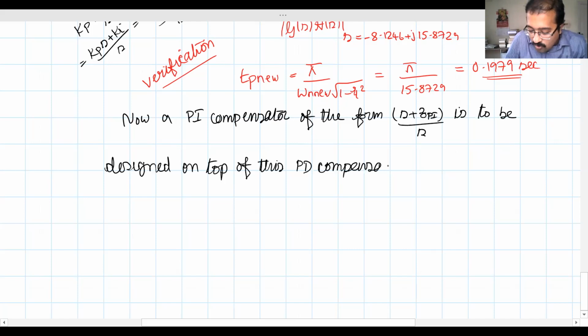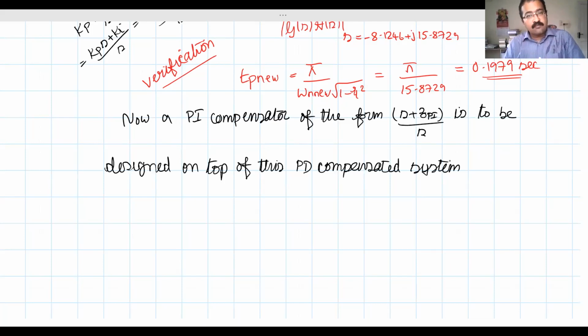So that when you insert this PI compensator, the transient part, which we have modified and have now got the desired transient part, should be untouched. Only the steady state part has to be improved. So when you insert this PI compensator, the transient part should remain intact, but we have to improve only the steady state error part.